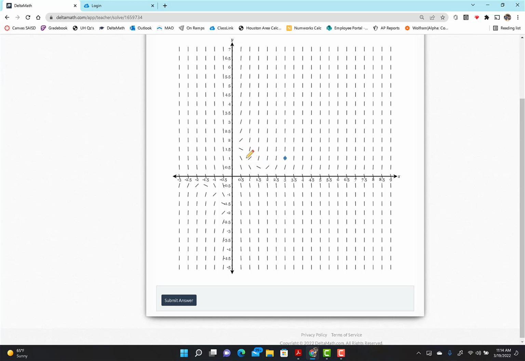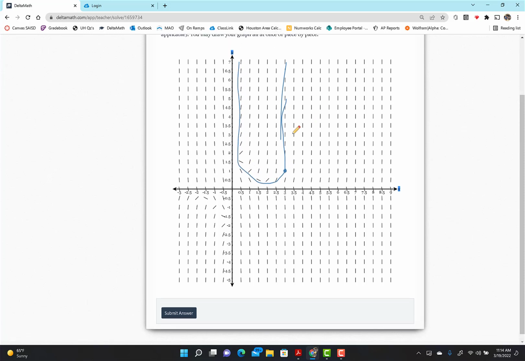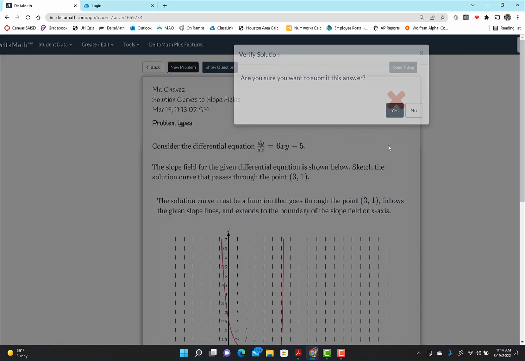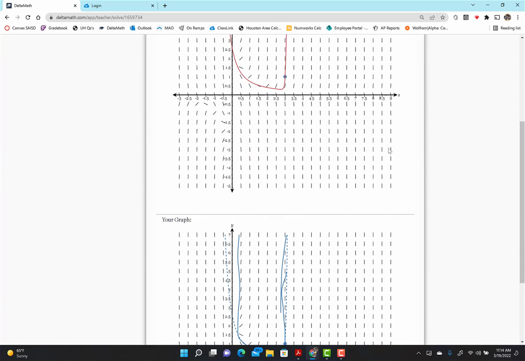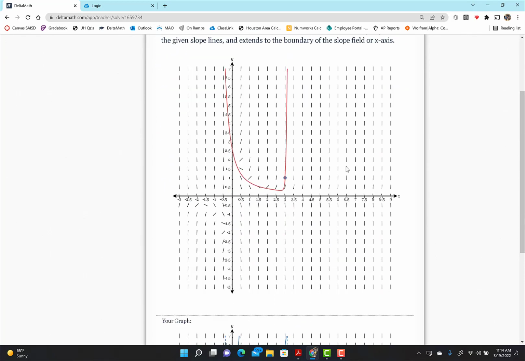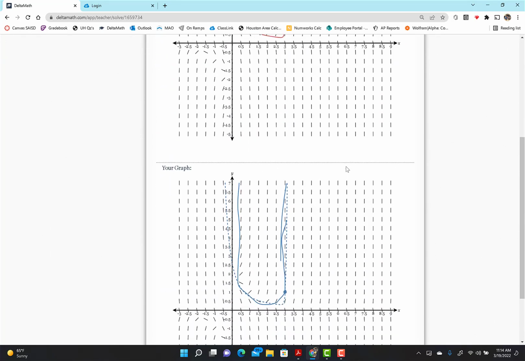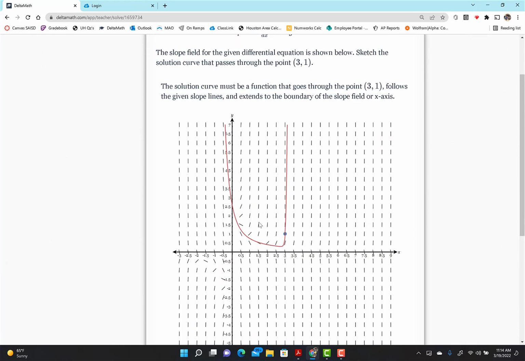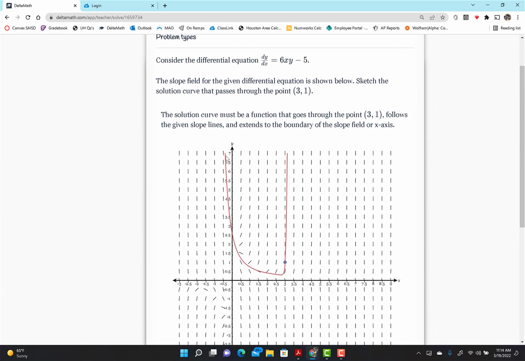Like that? And like that? Okay, so it looks like it doesn't have to be perfect. You'll see. And it looks like that. I may be wrong. I hope not. Hey, it was almost right. Look, it's this that tripped me up, but it was almost right.